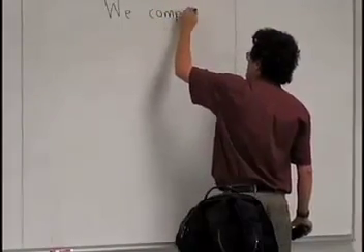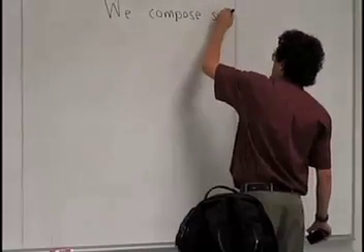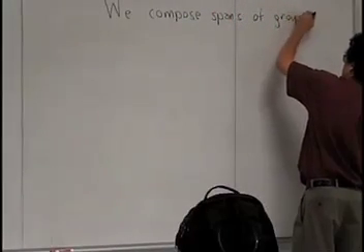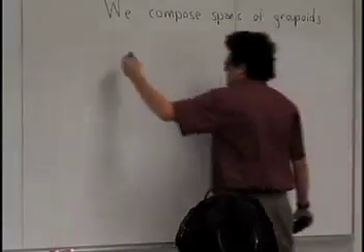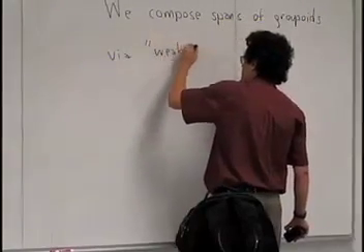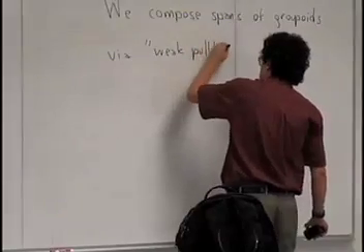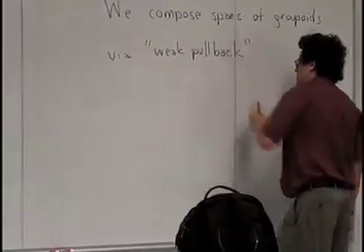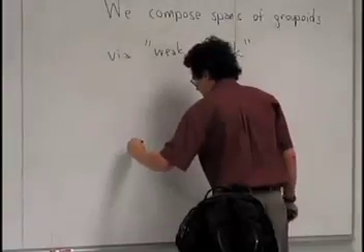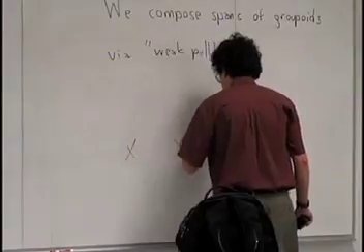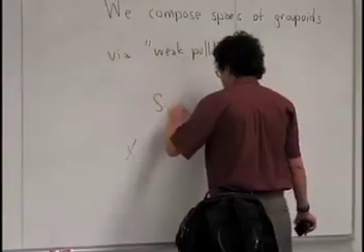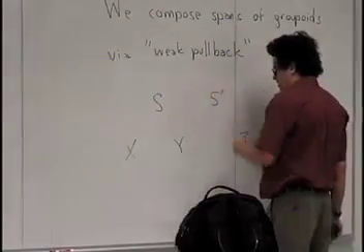So we compose spans of groupoids using the weak pullback. The point is that we've already talked about composing spans of sets, and this is a lot like that. But it's categorified one notch, so it gets to be a little bit subtler.